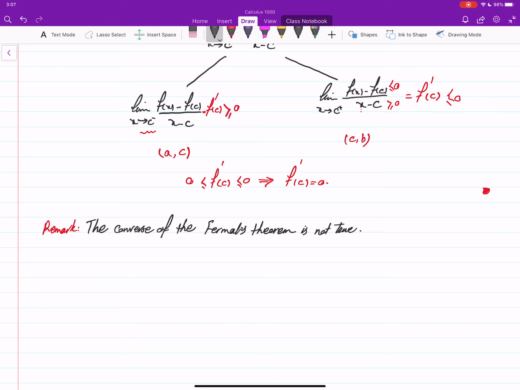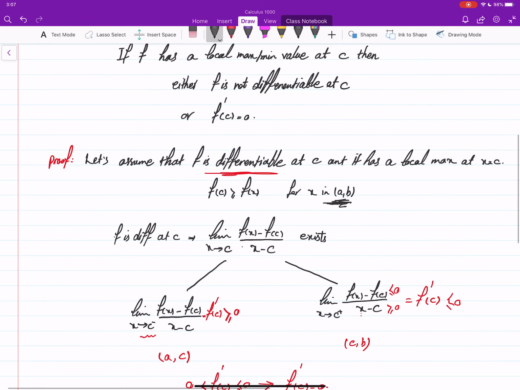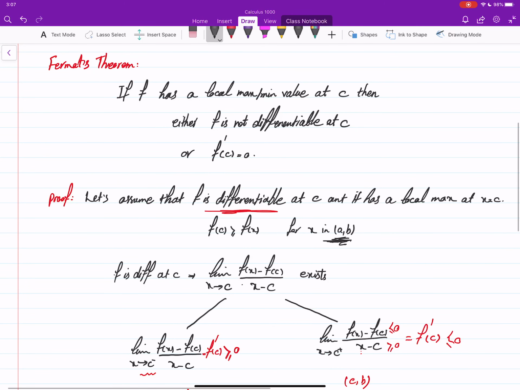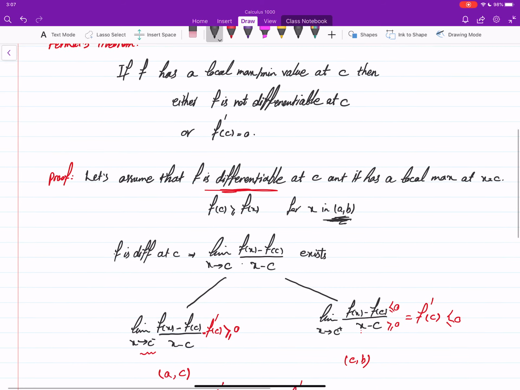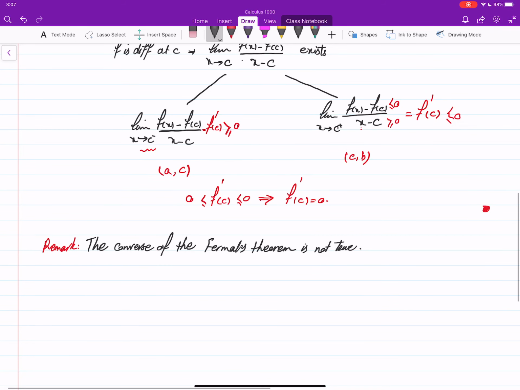What does converse mean? It means that, although this is what it is saying, if f has a local max or min, then the derivative either does not exist or f prime is 0 at that point, you cannot go backward.